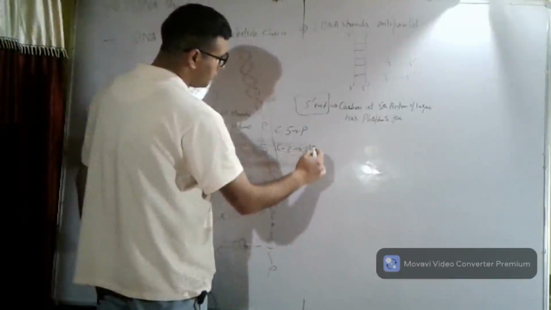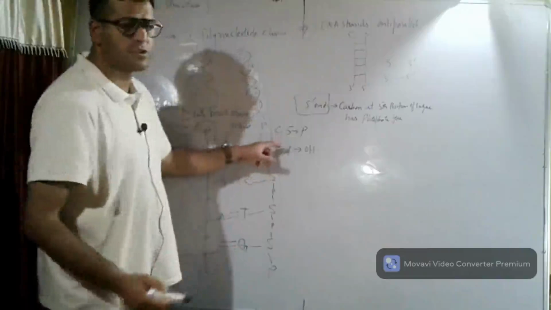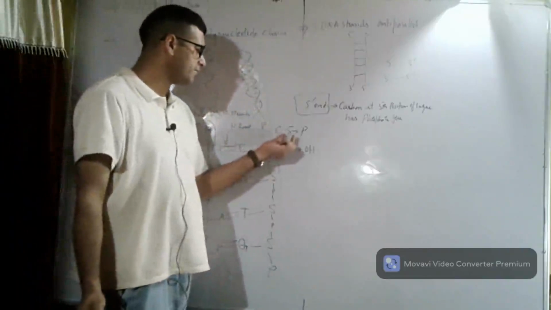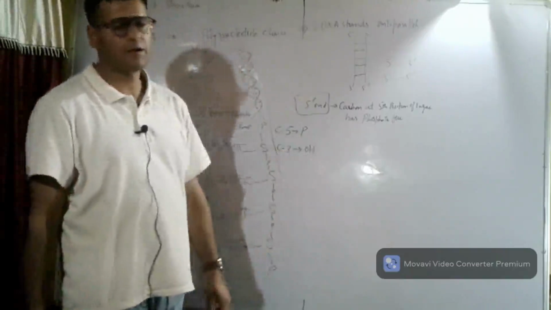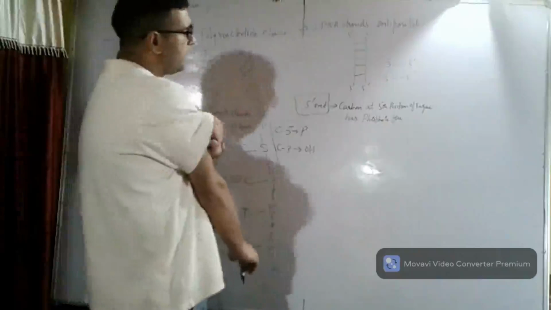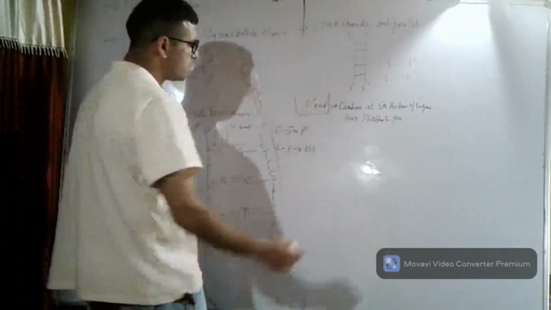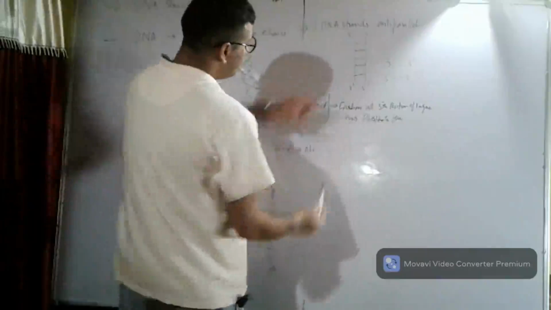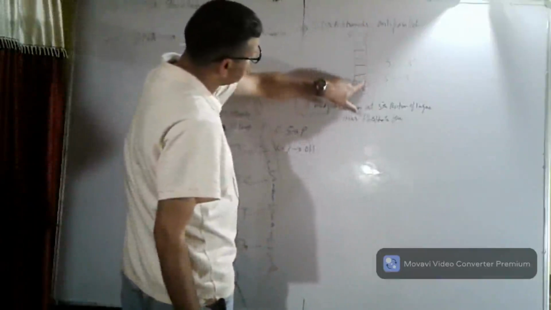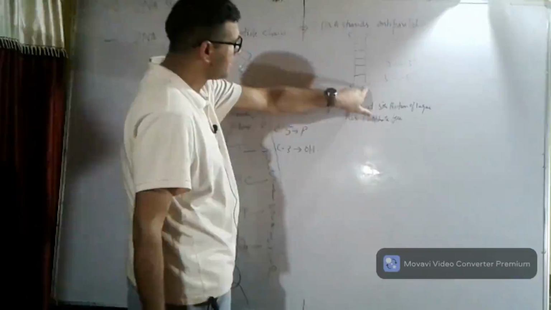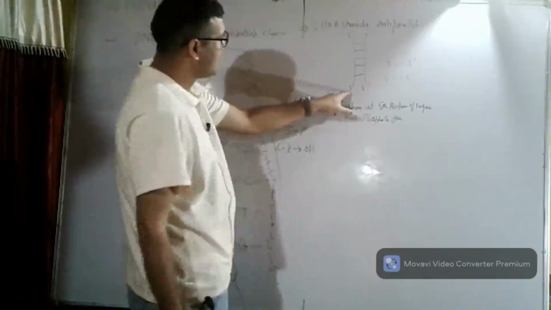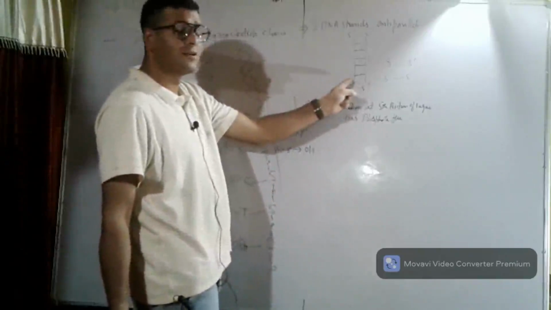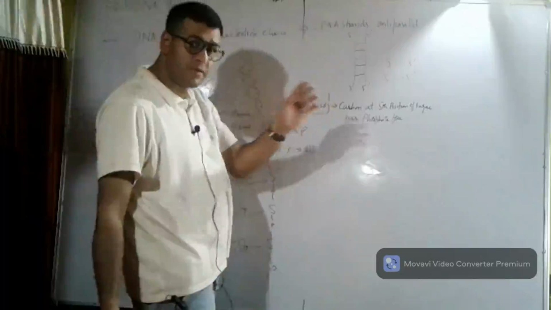We have hydroxyl group. This is very important to remember: at carbon 5 of the sugar we have phosphate group, and at carbon 3 of the sugar we have hydroxyl group. So in this strand the phosphate group would be free, whereas in this strand the hydroxyl group present at carbon 3 of the sugar would be free.